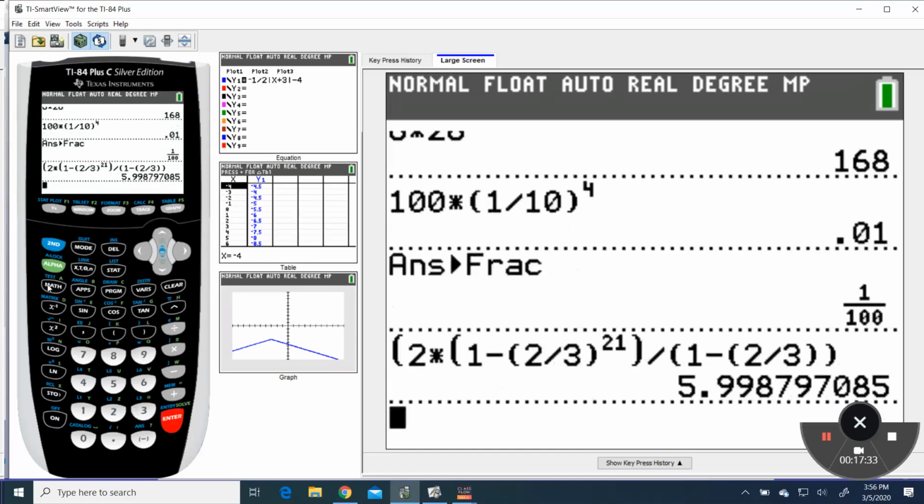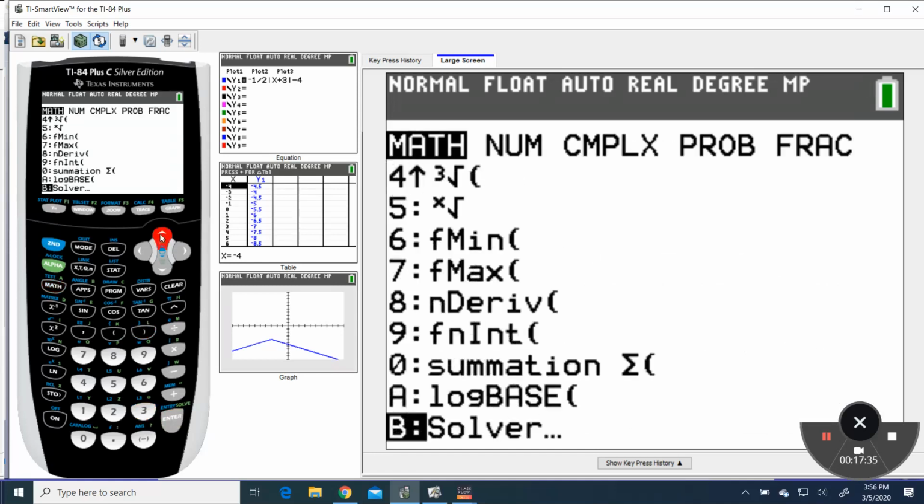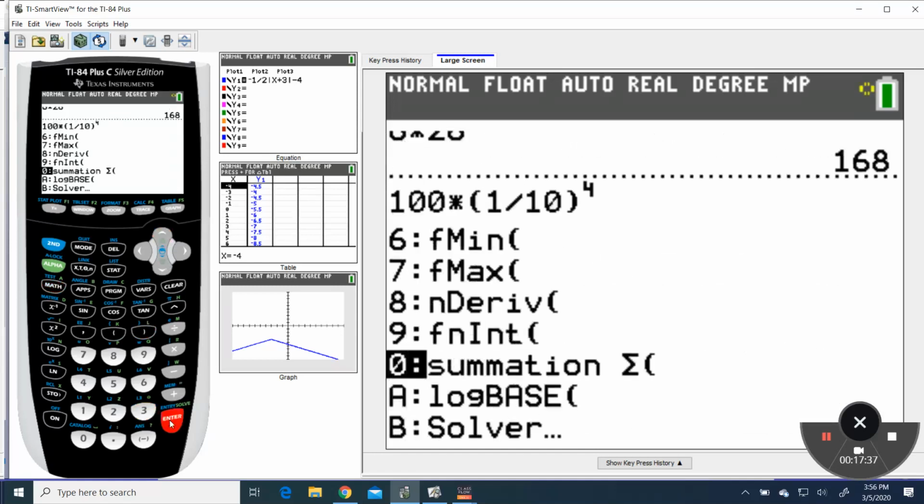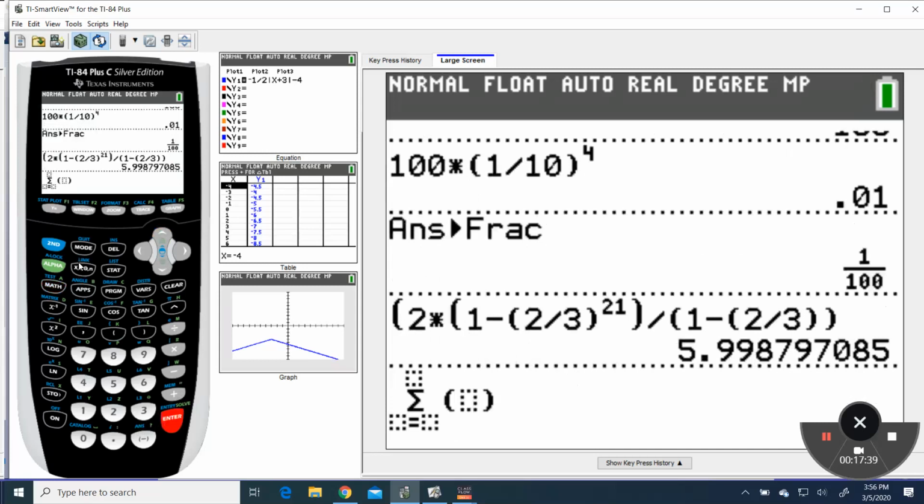The other way to do this is, again, hit math, go up, summation, put in x or n or whatever you want to, 0 up to 20. Inside of here, I have 2 times (2 divided by 3) to the nth power.